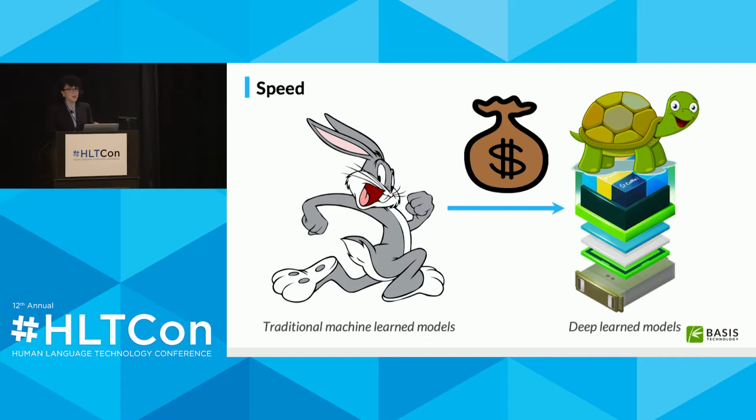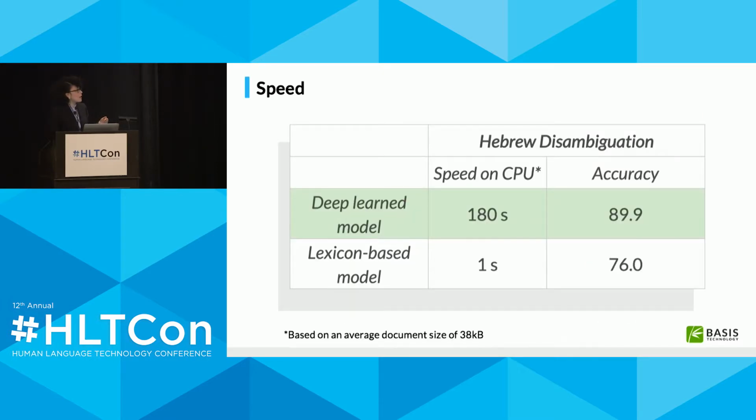However, it's also still not free. So depending on your resources, this might be the appropriate way to attack the problem at hand. It also might not be. And I'll show another set of experimental results for another task. This one is about deciding amongst a set of candidate analyses, a set of candidate lemmas or POS tags, which is the correct one.